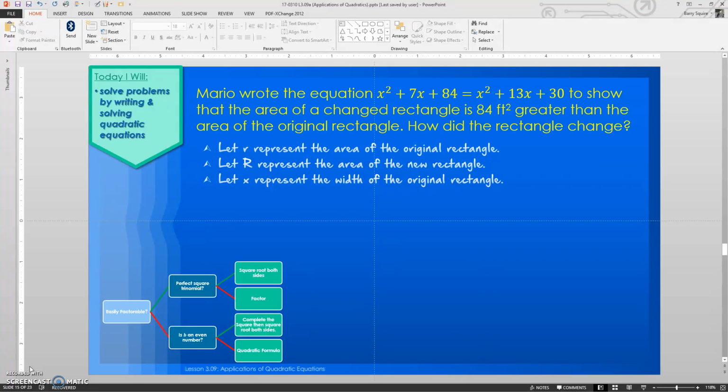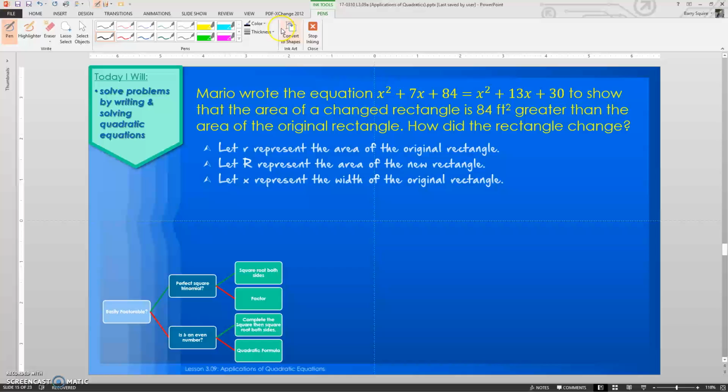So we've got a friend, Mario, here, who wrote an equation that basically says that the area of a new rectangle, when it got changed, is 84 square feet greater than the area of the original triangle. And we want to know, how did the triangle change?